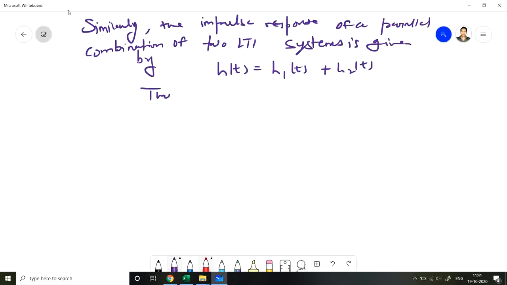So thus H(s) can be written as H1(s) plus H2(s).